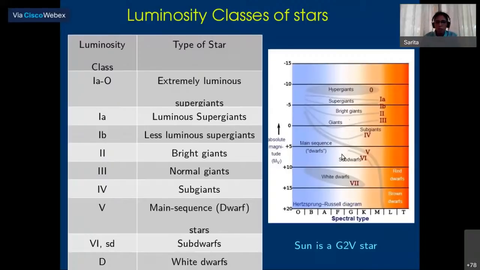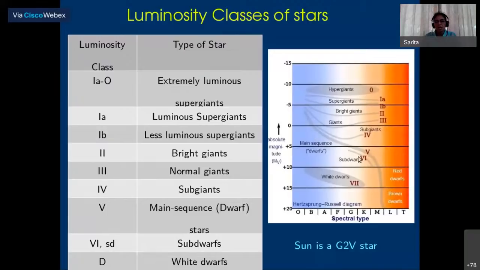So 1a are the luminous supergiants, 1b are the less luminous supergiants, based on the absolute magnitude in V band. This is how they are classified. Then you have the bright giants, which is luminosity class 2, Roman numeral. Then you have the giants, the subgiants, and the main sequence star.